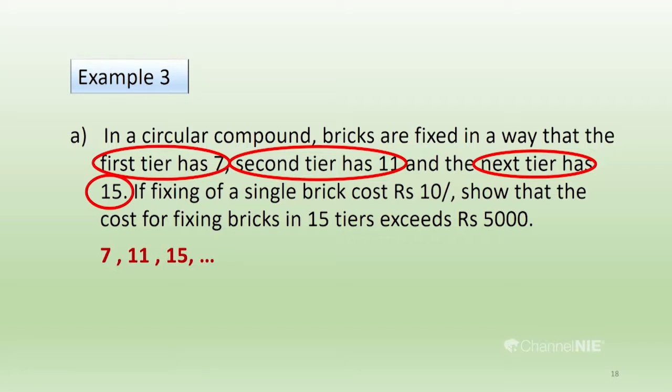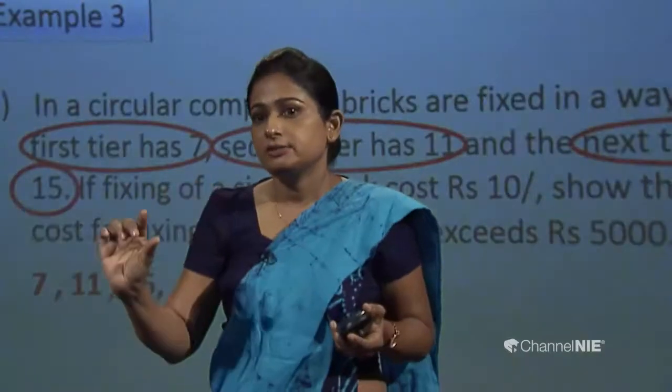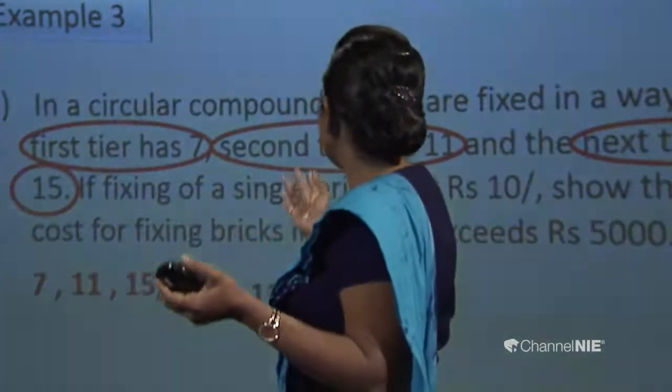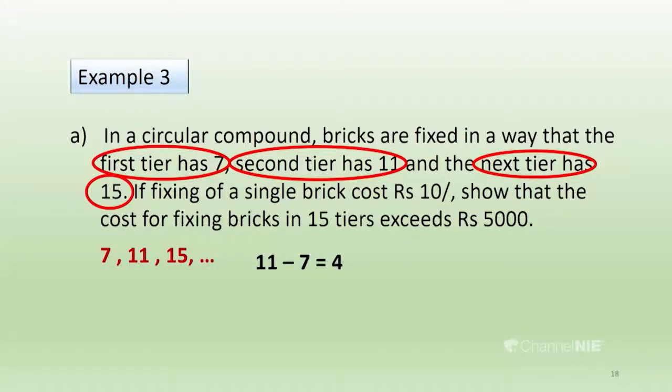First, we try to find whether the given pattern is an arithmetic progression. I have selected 2 consecutive terms, 11 and 7. Subtracting the previous term from the next term, I got the difference 4.